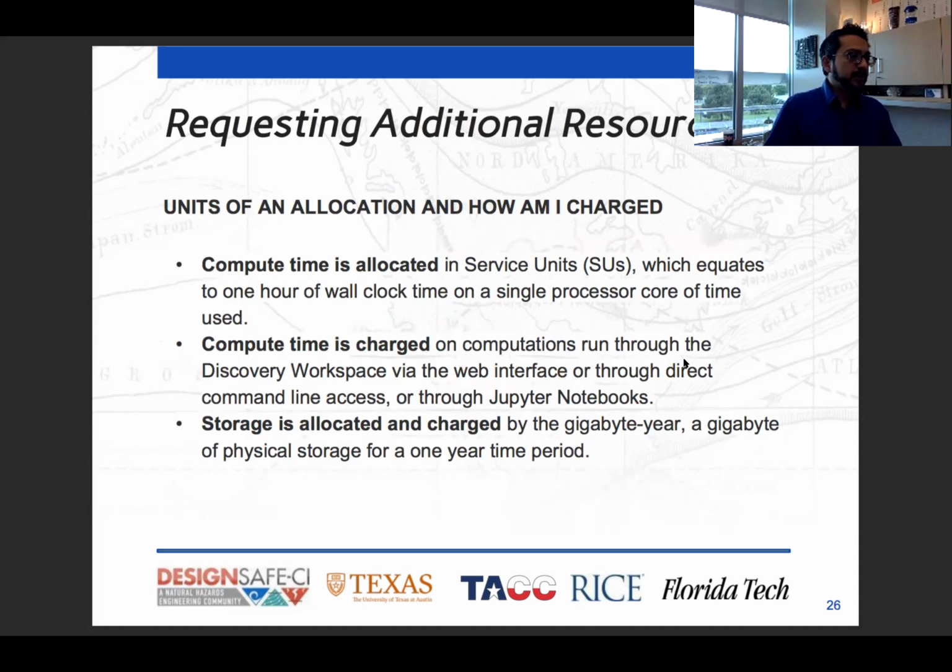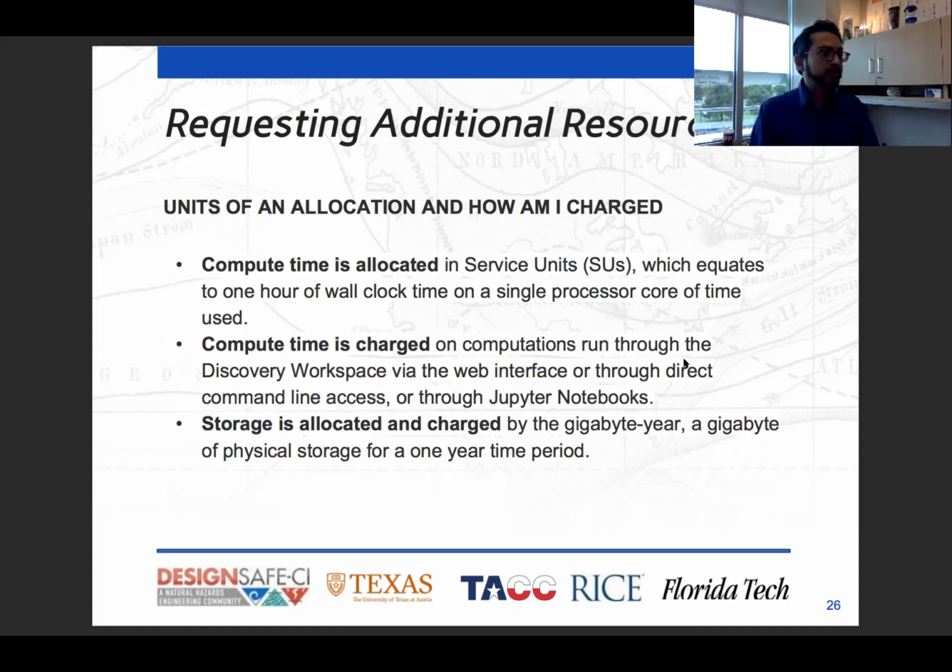So a little bit about the units of allocation. An SU is a service unit, and when it comes right down to it, it's how much one single processor can do in wall-clock time.